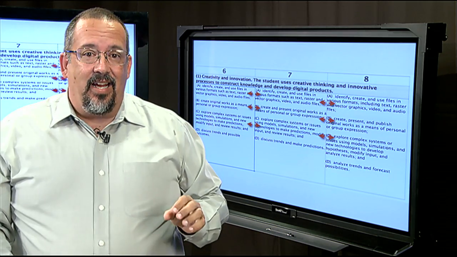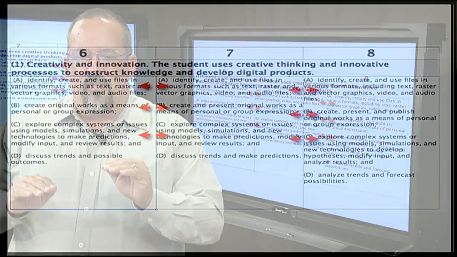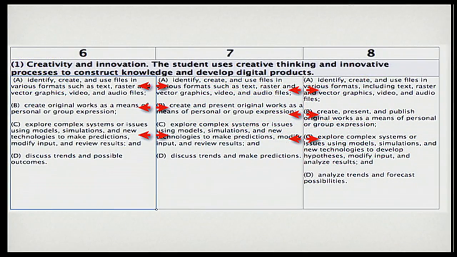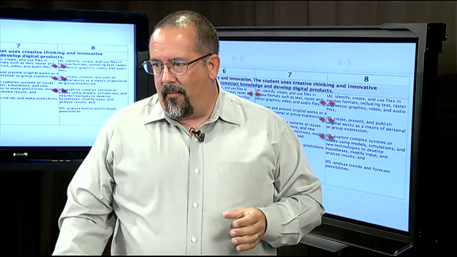So you can see by these 2 slides I just showed you that the student expectations may stay the same across grade levels, but they may not. So just because there are 4 student expectations in 6th, 7th, and 8th grade, that doesn't mean they're the same student expectations in 6th, 7th, and 8th grade.